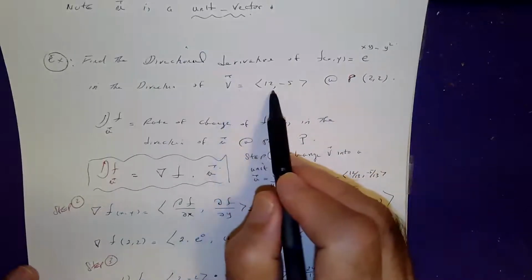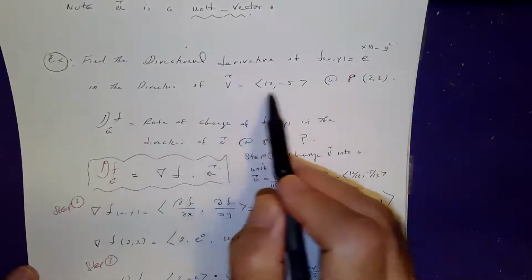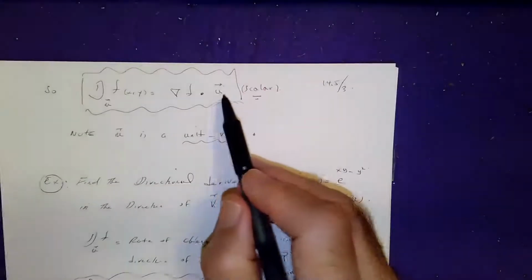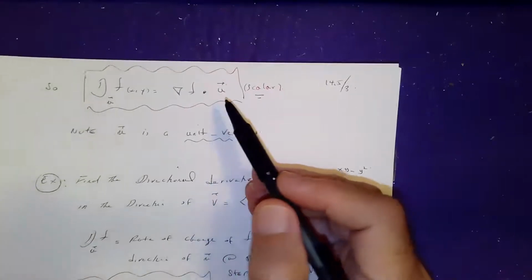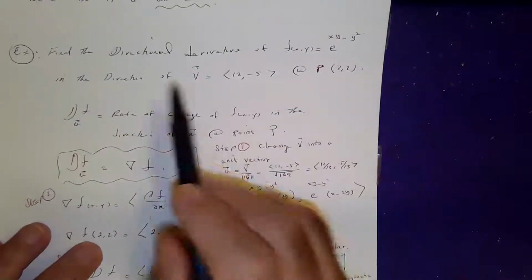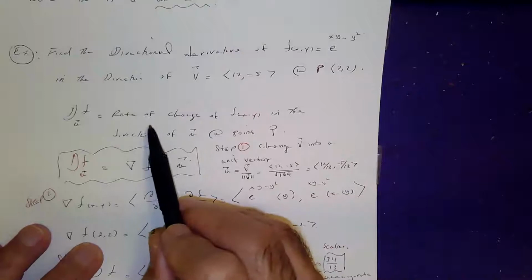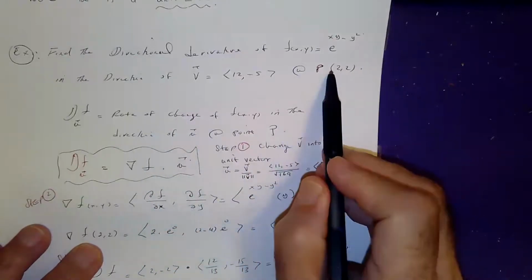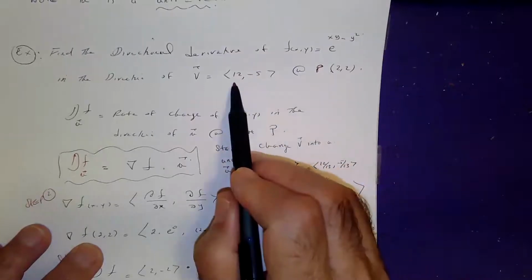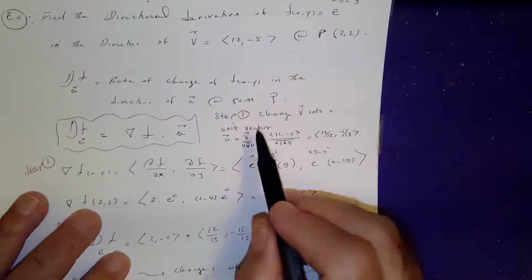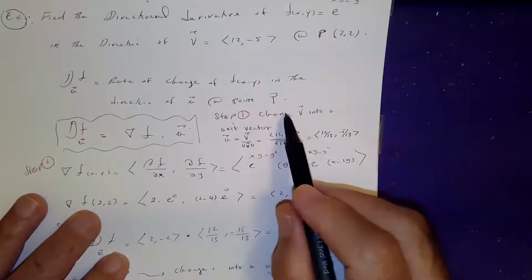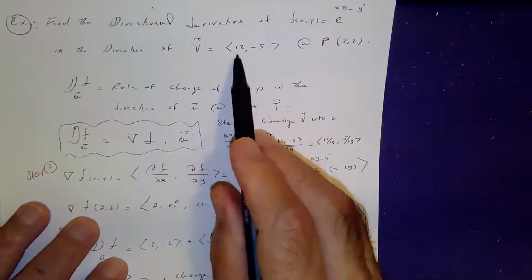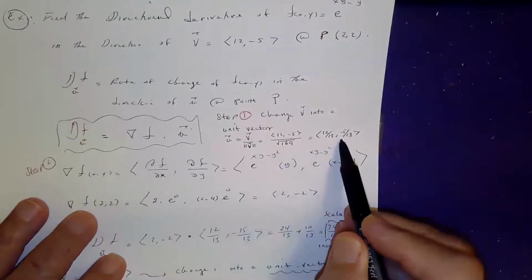Remember, this is not a unit vector, so the first thing you have to do is convert it immediately to a unit vector, because the formula has a unit vector in it.